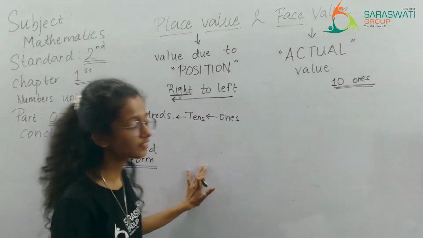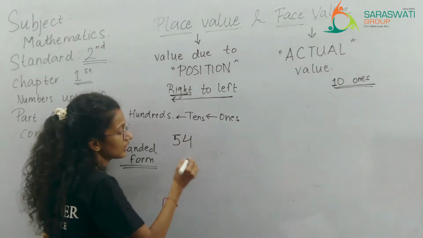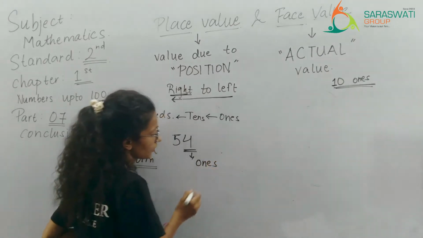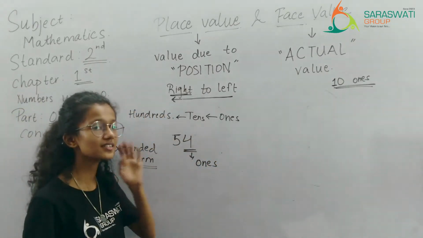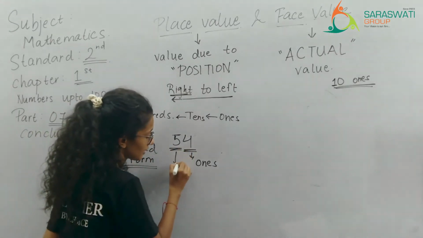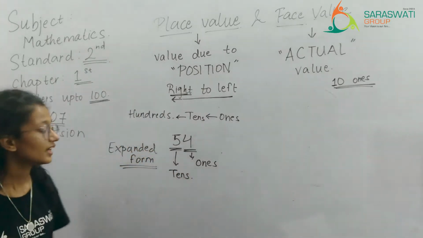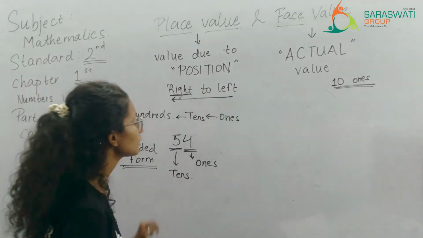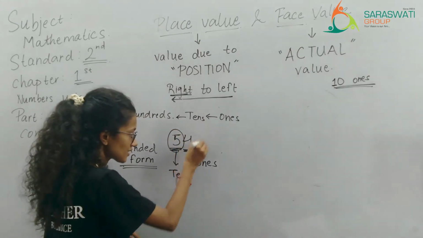If I give you the number 54, we need to start from the right. So the rightmost digit is 4 and 4 is ones, and then 5 becomes tens. Yes. Now when I talk about expanded form, what do we need to do? We need to calculate this and this.